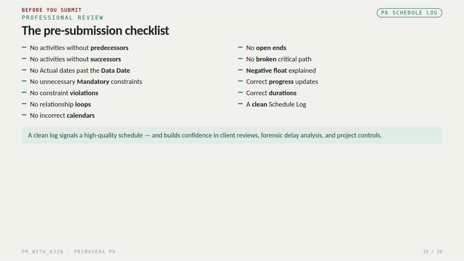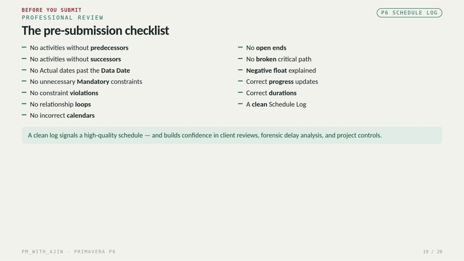Now, before submitting any schedule to your clients, always run through a professional review. Check that there are no activities without predecessors or successors. No actual finish or actual start later than the data date. No unnecessary mandatory constraints and no constraint violations. No relationship loops. No incorrect calendars.